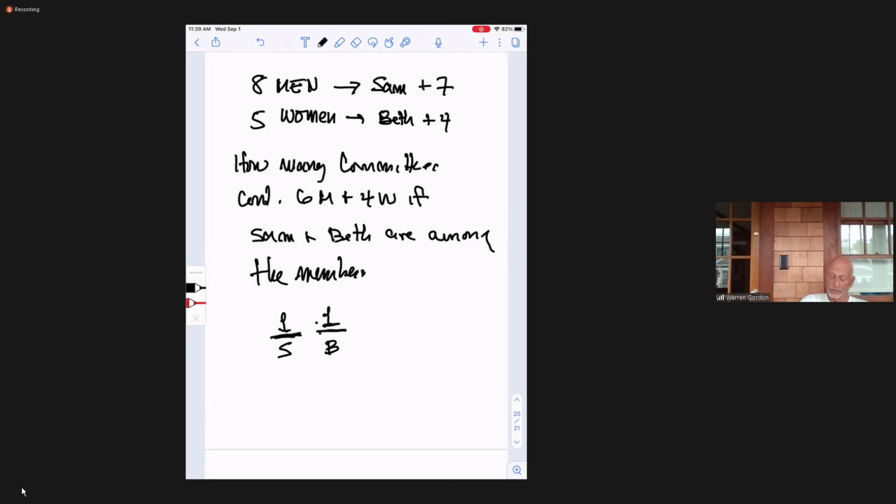There's only one choice for each of those. And then you need 5 more men, 5 from the remaining 7, and you need 3 more women from the remaining 4.